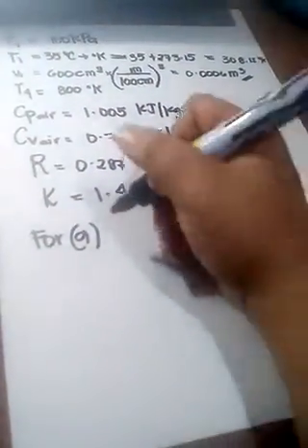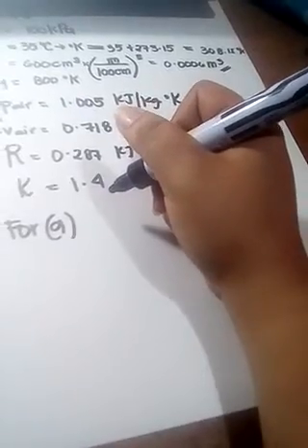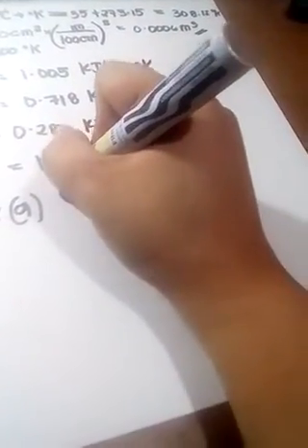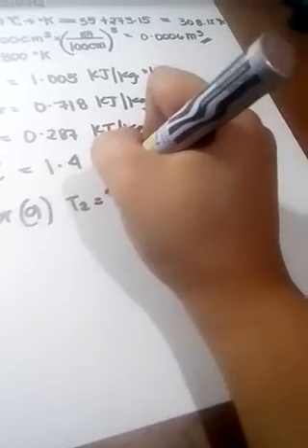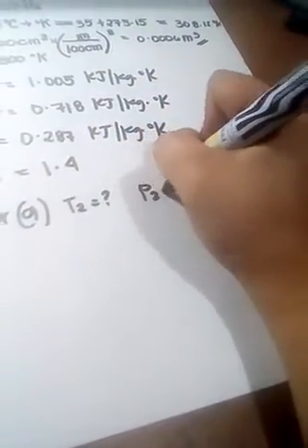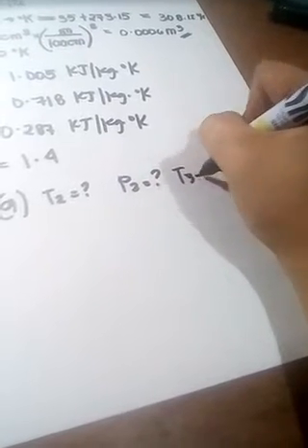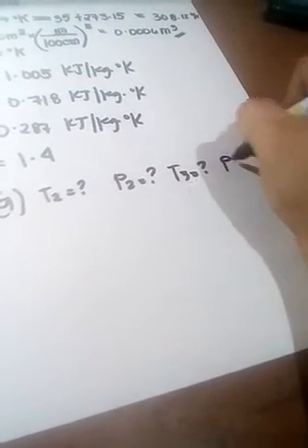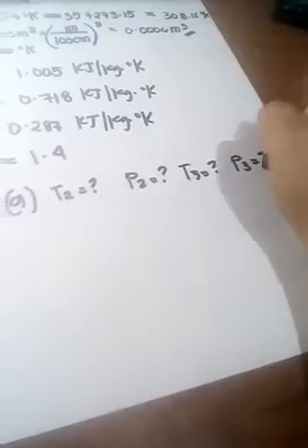So now for A, the highest temperature and pressure in the cycle. We're going to find T2, T3, and P3.